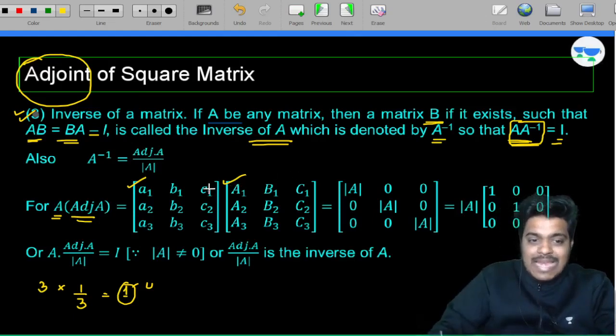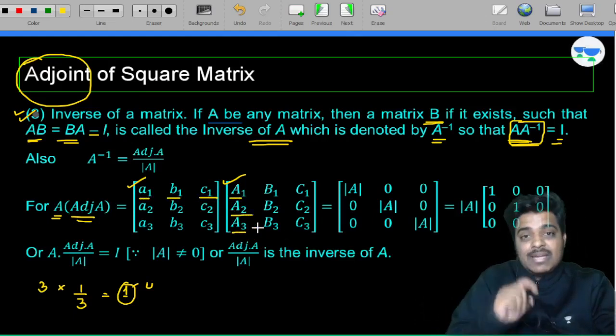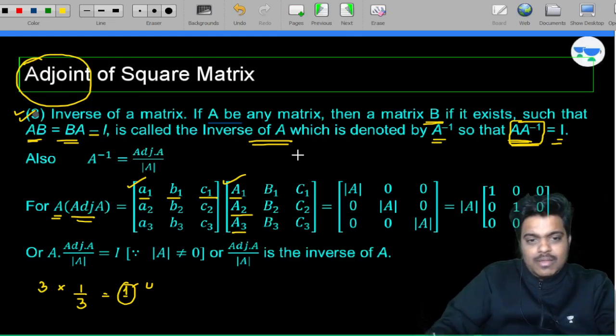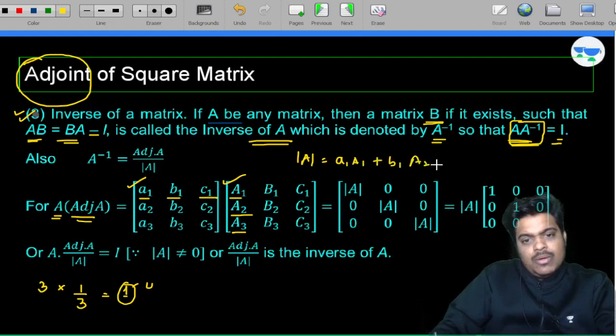Now when you multiply it, A1 into capital A1 plus B1 into capital A2 plus C1 into capital A3. We have seen this in the determinant, that determinant of A is equal to A1 into capital A1 plus B1 into A2 plus C1 into A3.